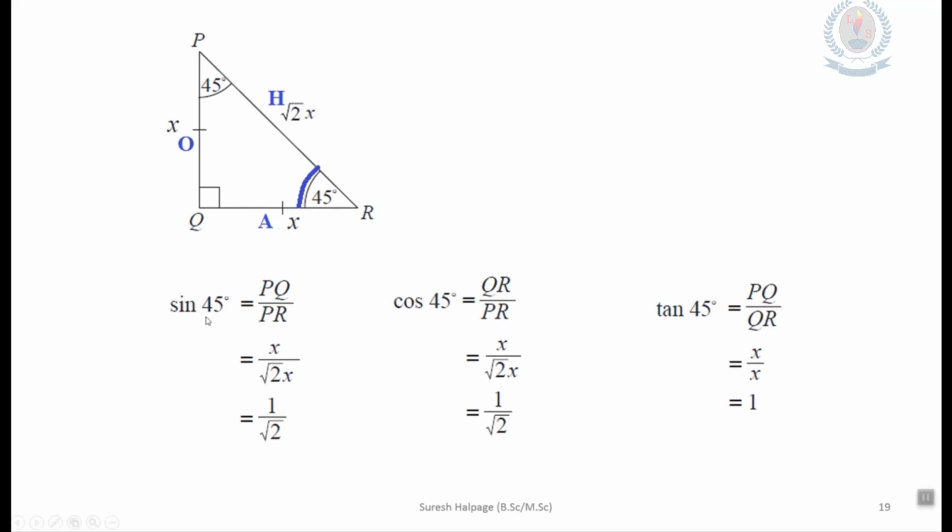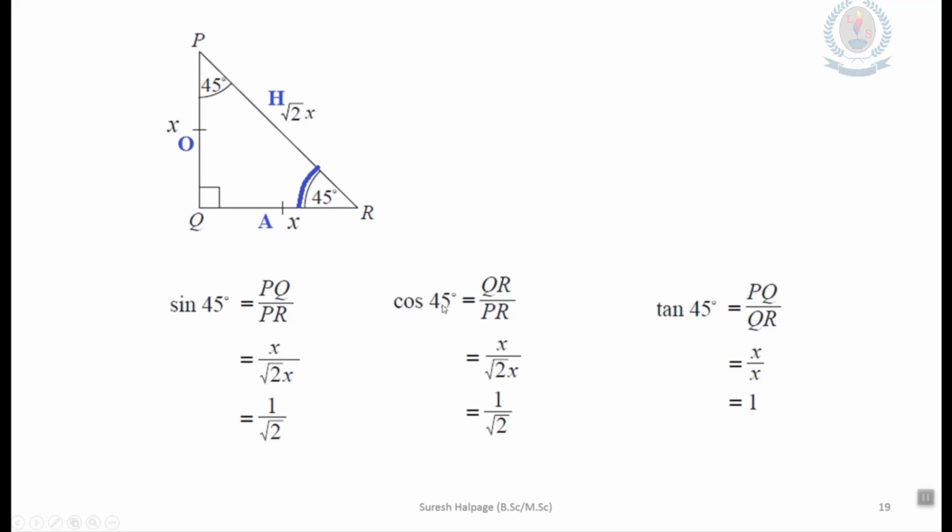Sine, opposite over hypotenuse. So take this 45 degrees angle. This is opposite side, this is adjacent, this is hypotenuse. So we can write sine 45, opposite divided by hypotenuse. x divided by root 2x is 1 divided by root 2.